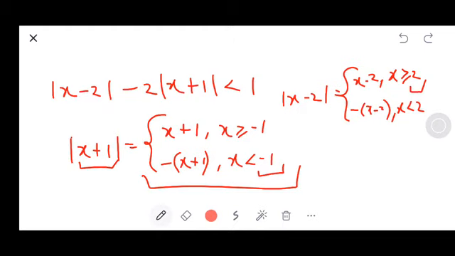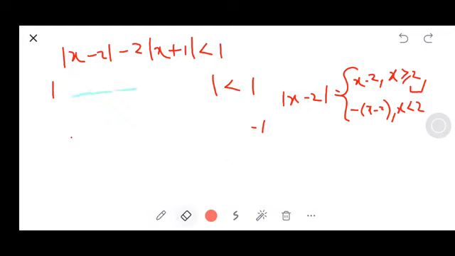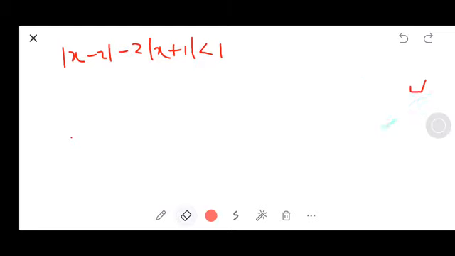So let me shift this up. Absolute value of x minus 2 minus 2 absolute value of x plus 1 less than 1. So let me clean every other thing. So I now know the two zeros, which are minus 1 and 2.